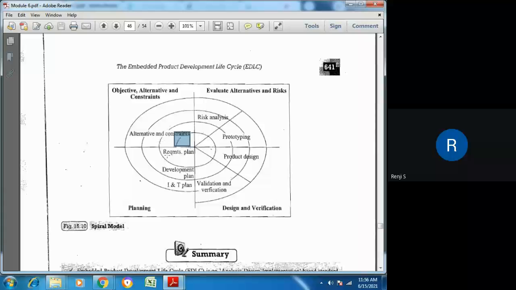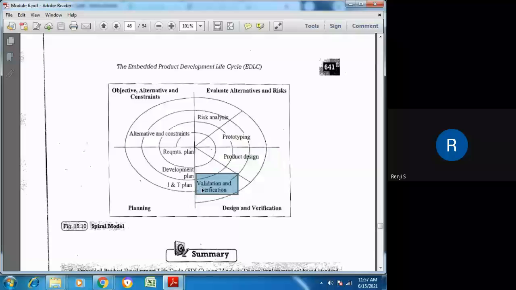Here you can see the requirements plan is generated, then the development plan is carried out in the second loop, then integration and testing is done. During the integration and testing cycle, a risk analysis is also carried out and a prototype is developed, and finally the product design is refined, and at the end a verification and validation process is done.